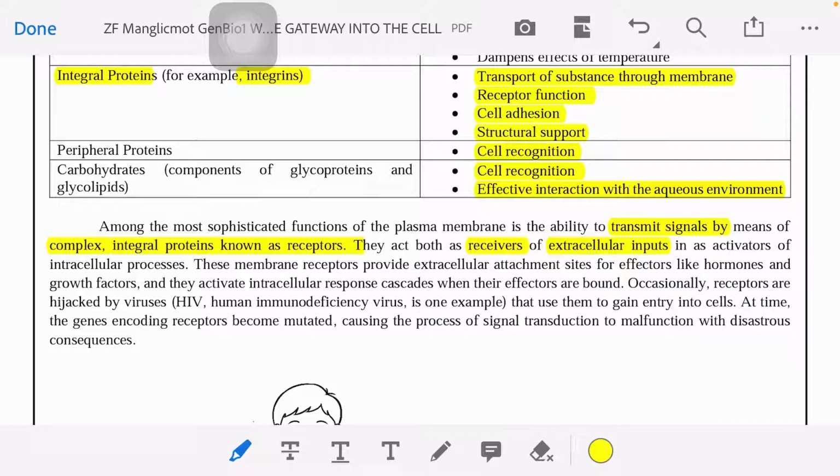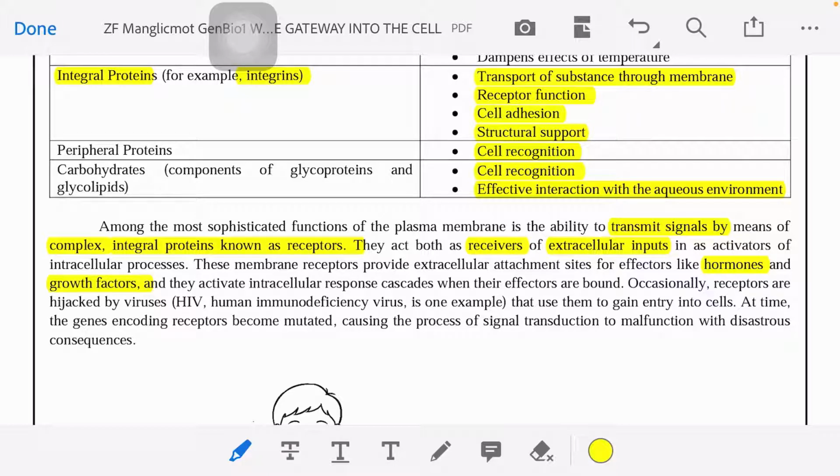Inputs as activators of intracellular processes. These membrane receptors provide extracellular attachment sites for effectors like hormones and growth factors. They activate intracellular response cascades when their effectors are bound.